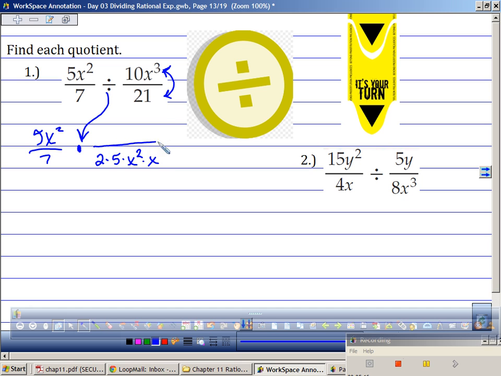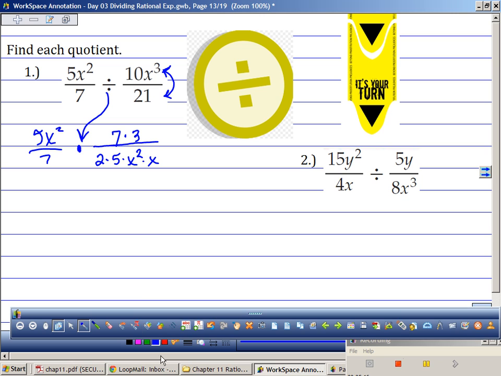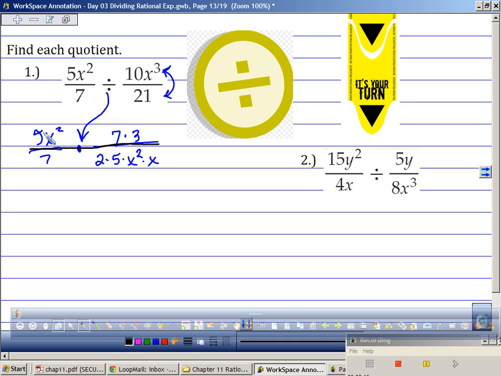And then in the numerator, I'm going to put 21, but I'm going to factor that as I write it. I'm multiplying straight across. So I'm just going to draw my line straight across, and then I'm going to cancel my 5 and my 7. What else can I cancel? X squared cancels. I'm left with 3 over 2x.